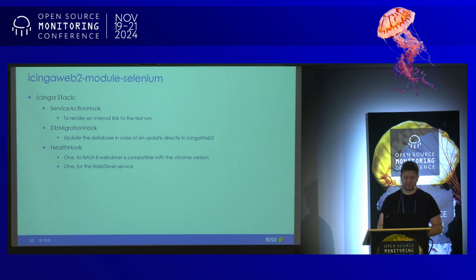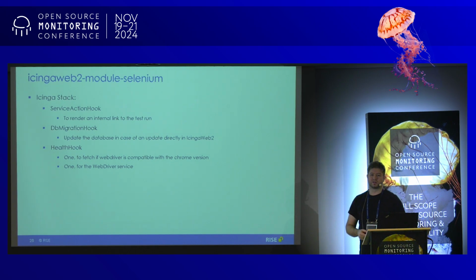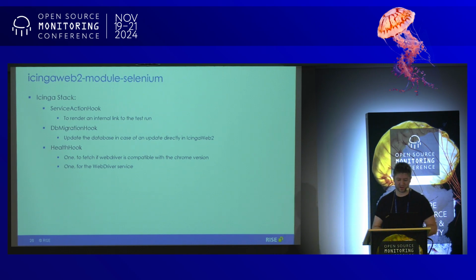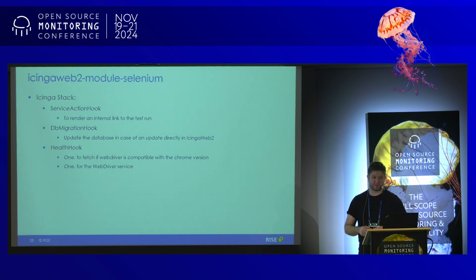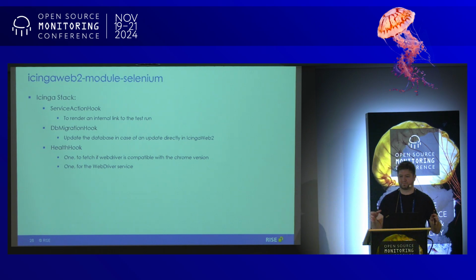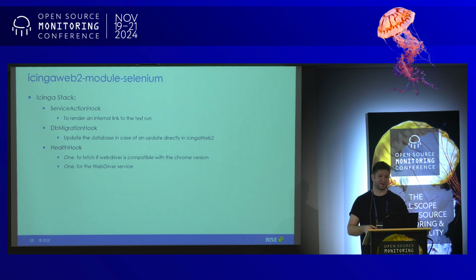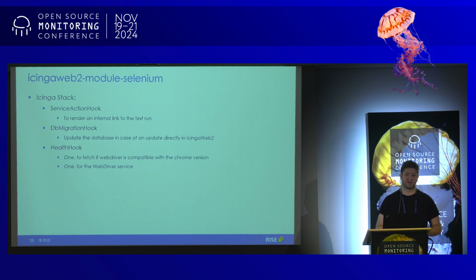There is the database migration hook. So if there is an update for the database, you just click on migrate and it should be done. And also the health hook, because the Selenium WebDriver has to be a similar version to your Chrome instance. Otherwise this can sometimes stop working.